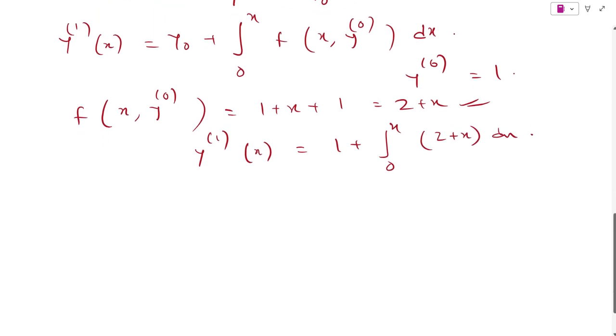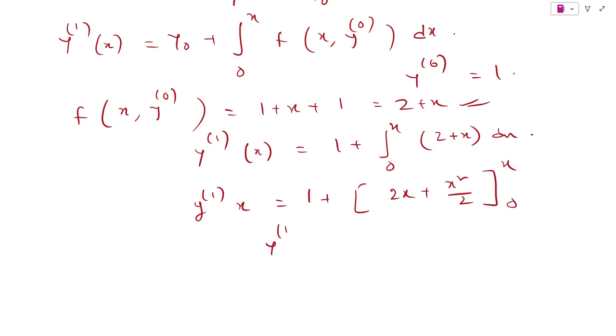Now we are getting, basically, 1 + 2x + x²/2.